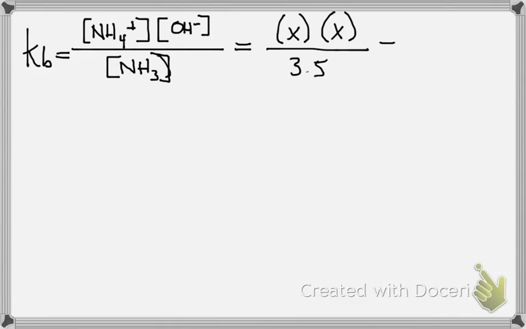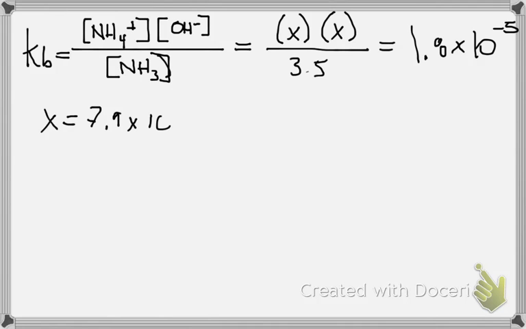And we know that Kb for this particular reaction in the end is equal to 1.8 times 10 to the negative fifth. And then we can rearrange this and we can solve for X. And X is going to equal 7.9 times 10 to the negative third.